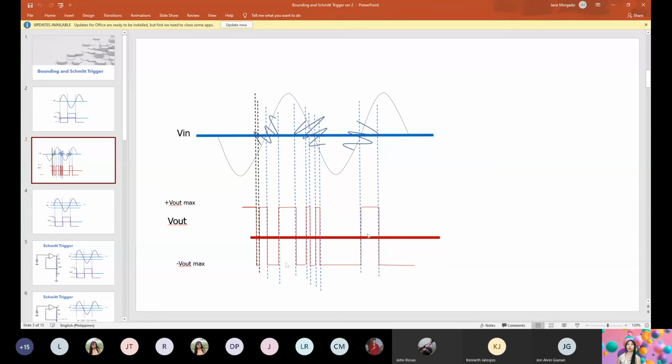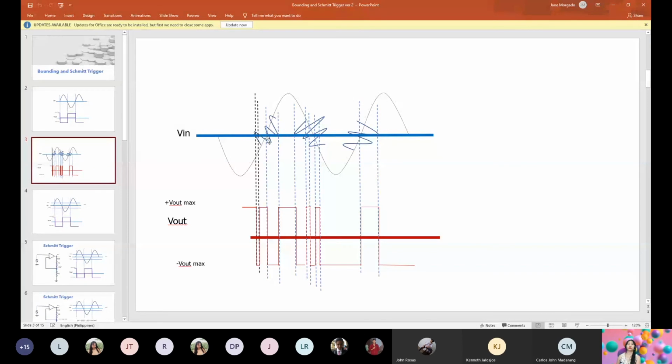You're already in the positive half cycle, so ideally the output should be negative. But because of noise, it toggles from negative to positive, then back to negative, and so forth. So it will give you wrong information or a wrong output voltage.